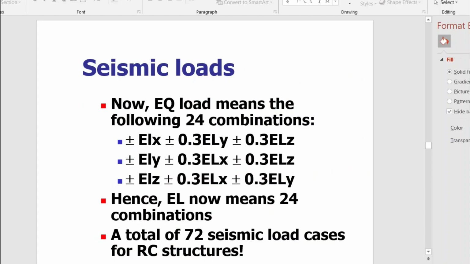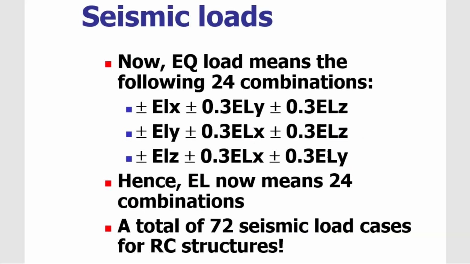These are in all 72 combinations, because one such set constitutes 24 combinations. This is equal to 8 different combinations, 8 into 3 is 24. So basically there are 24 earthquake cases, and these cases need to go into that particular type of structure.